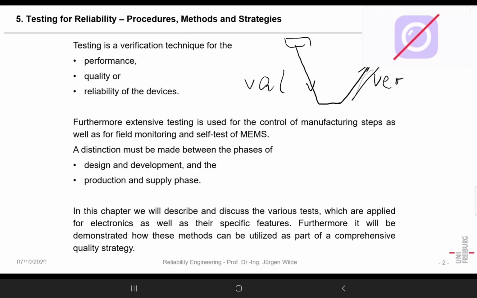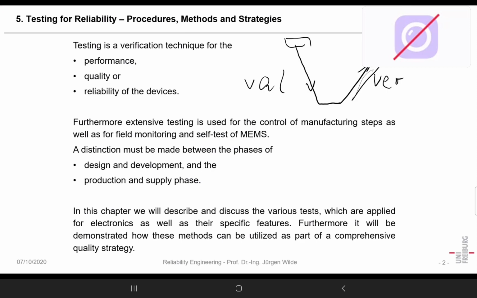Quality means how it is in accordance with the specifications, mostly on a short-term basis, and reliability, which somehow describes quality over a longer time in the use phase.